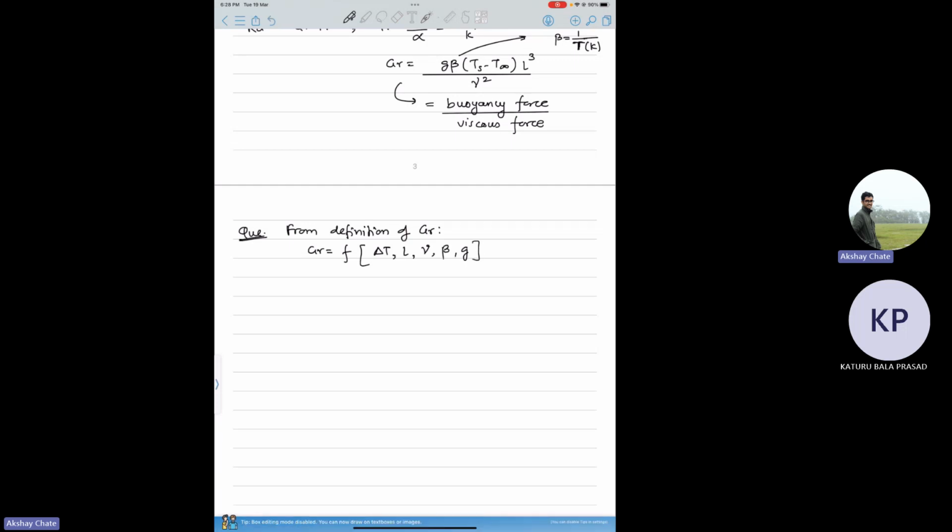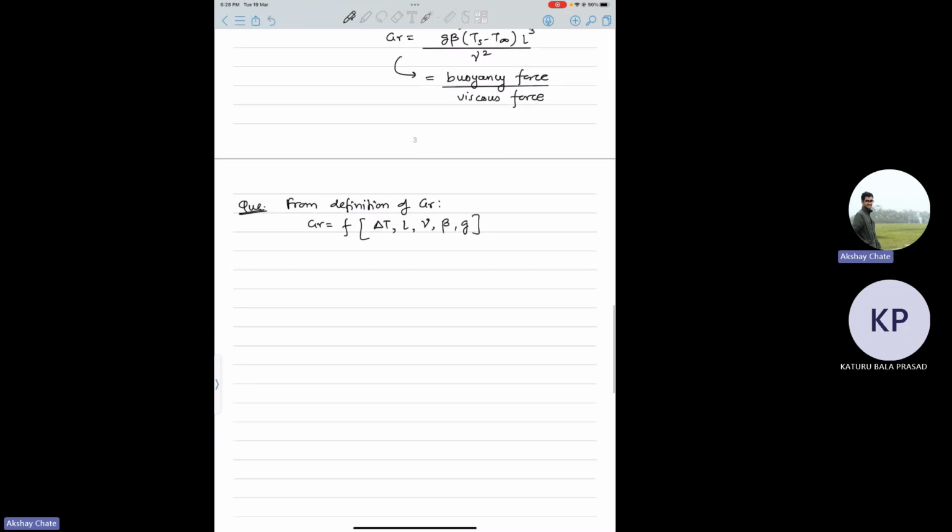So what I'll do, I can frame a lot of questions. For example, if for delta T of 20 degrees your Grashof number was, let's say, 10 to the power 5, what will be the Grashof number if delta T is 30 degrees Celsius?